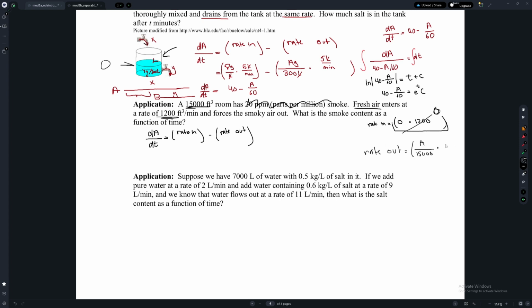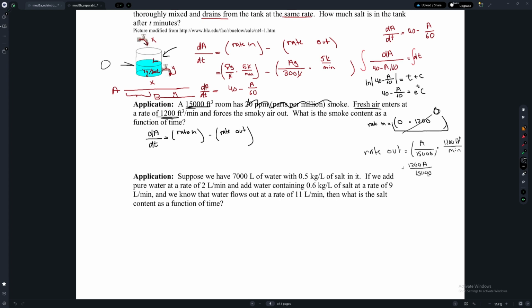And so you times it by the same thing, which is 1200 feet cubed per minute. This cube and this cube cancel out. So now we'll have 1200 A divided by 15,000, sorry.